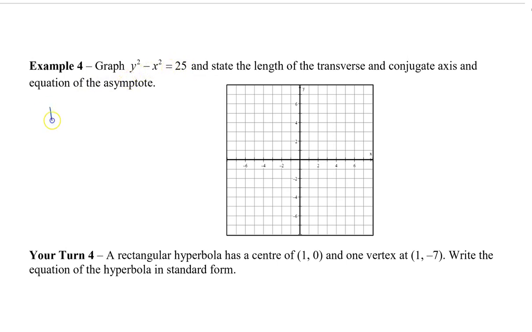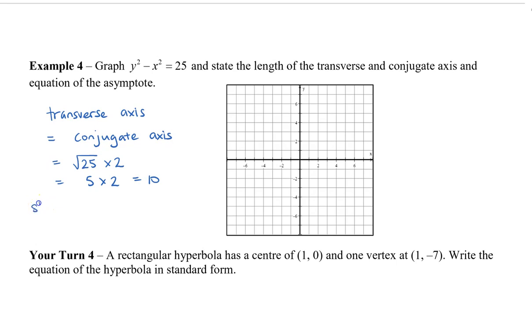So we can say that the transverse axis is equal to the conjugate axis. And we find that by the square root of 25 times 2. So it's going to be 5 times 2, which equals 10.